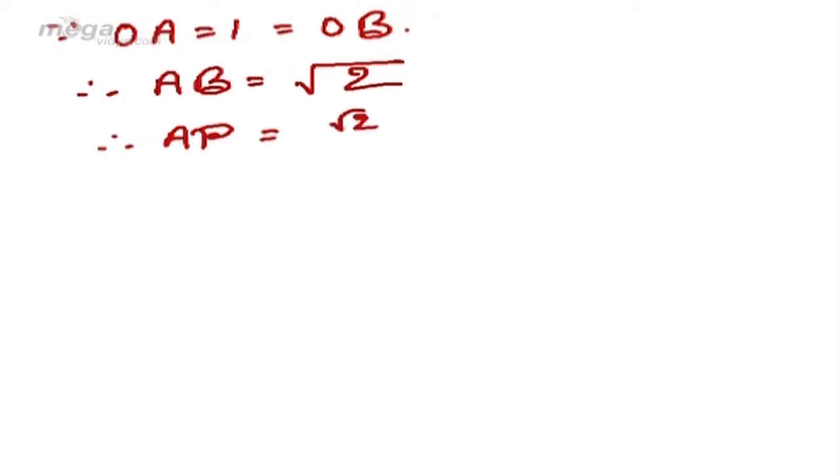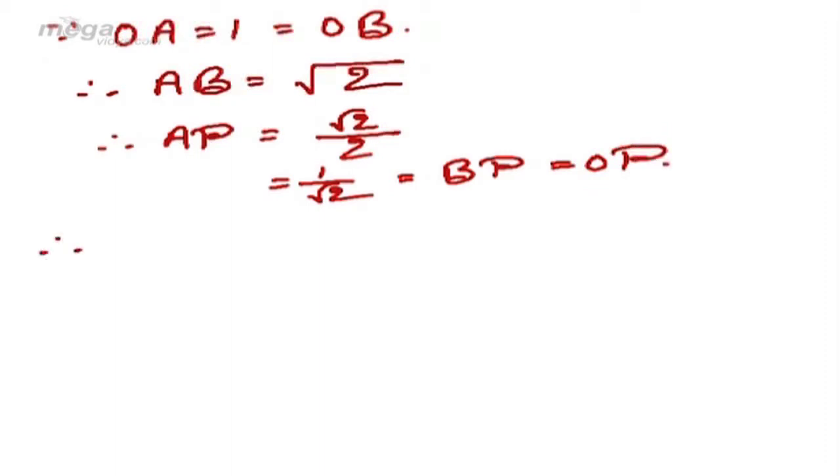Therefore, using the Pythagoras theorem, AB is equal to root 2. So AP is root 2 by 2, which is 1 by root 2, the same as BP as well as OP. So you get OP equal to 1 upon root 2.